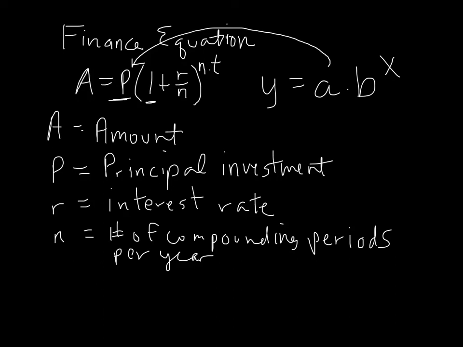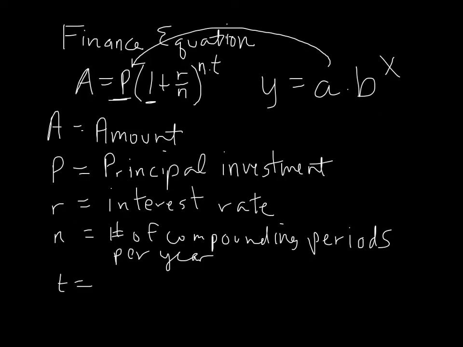N is 1 if it is only compounded yearly or annually. Semi-annually is 2 times a year. Quarterly, 4 times a year. Daily, 365 days a year, and so on. So I think you guys can understand that, monthly, how many months in a year? 12. So that's what N would stand for, and that will be described in every problem.